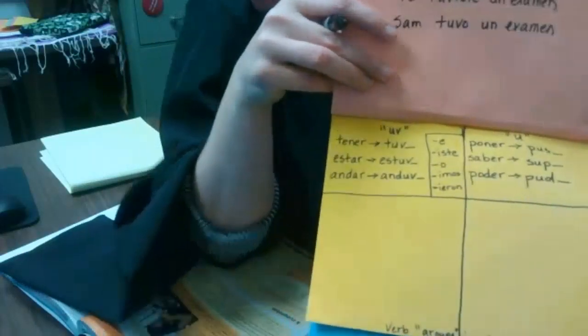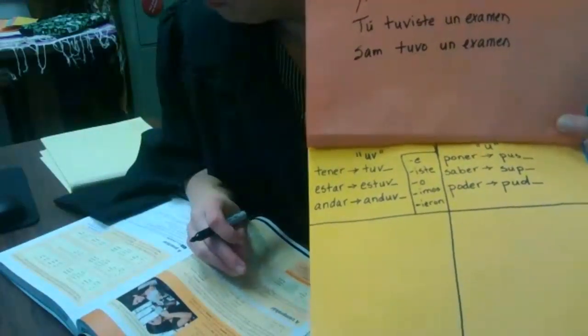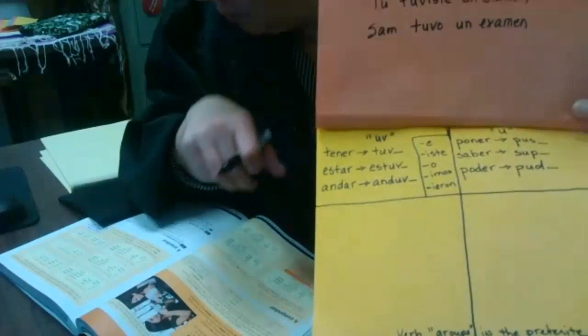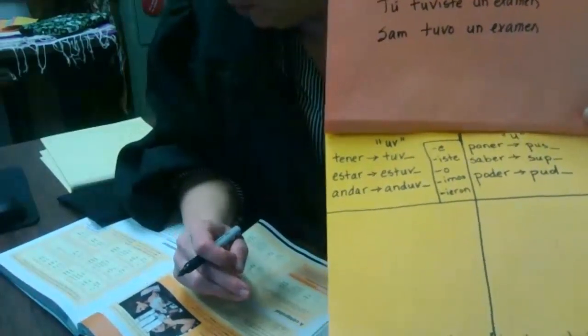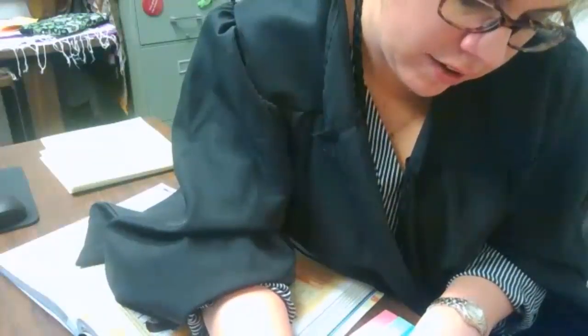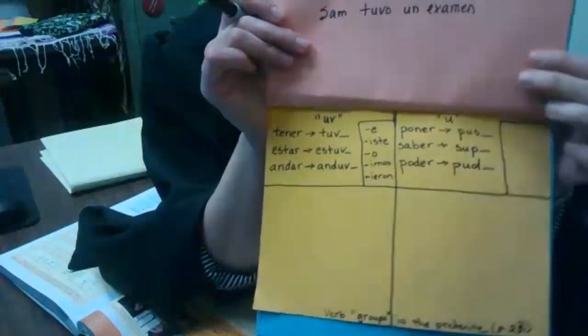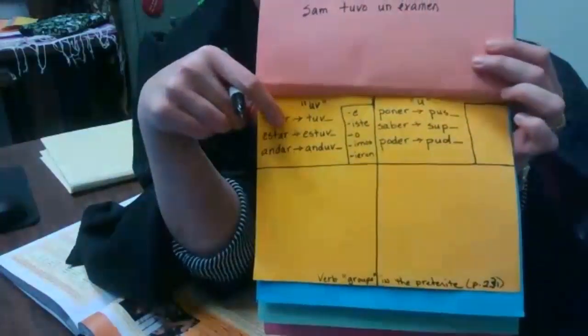Okay? P-U-D. So with these, let's put our endings. We'll make our little box again to the side. And the endings for these, for the U group, are exactly the same as the endings for the UV group.